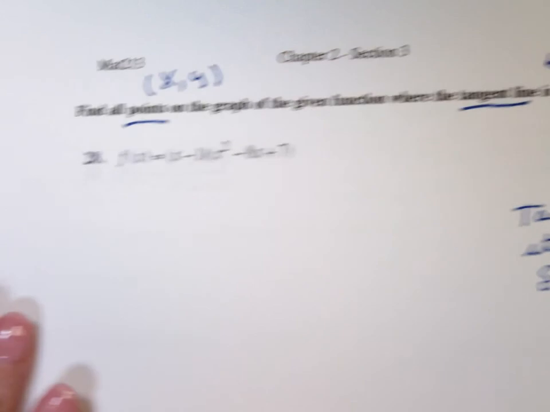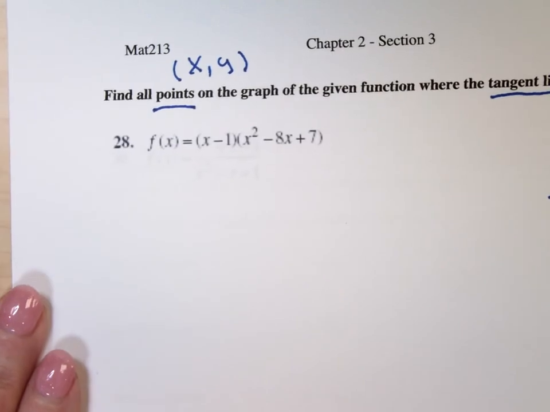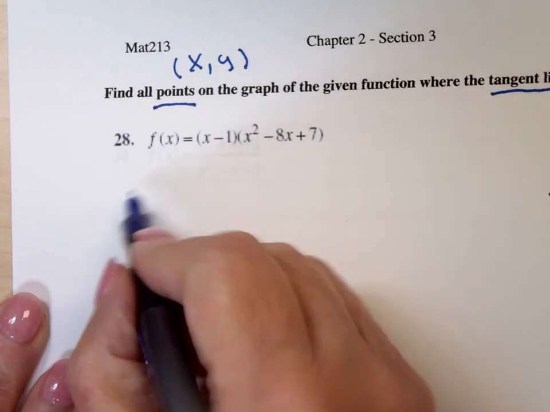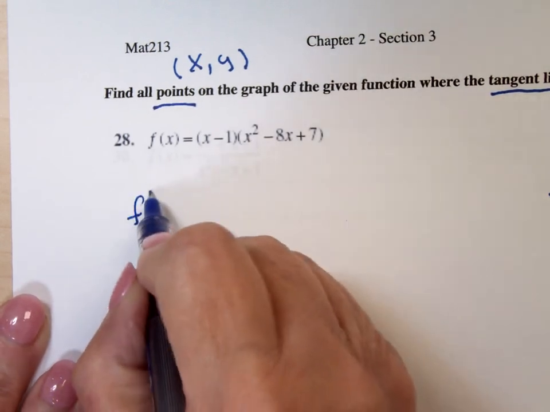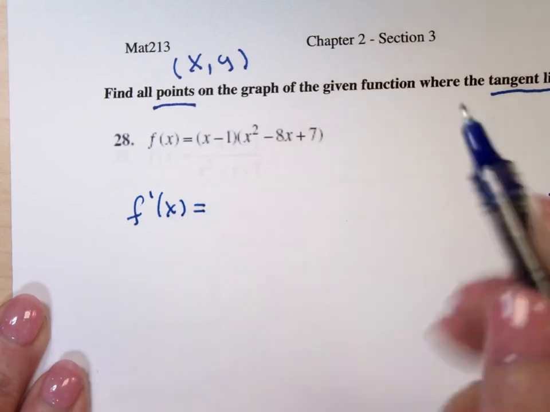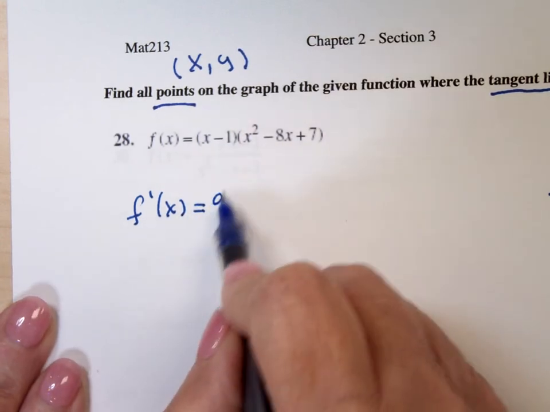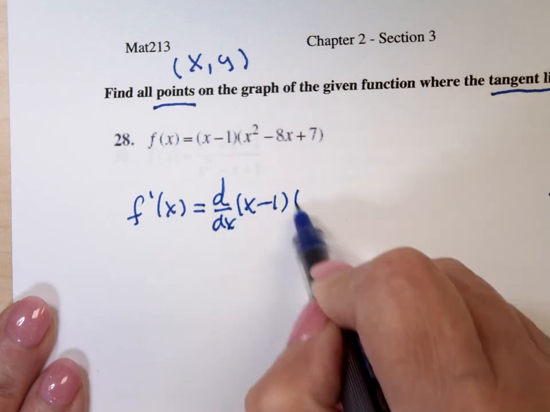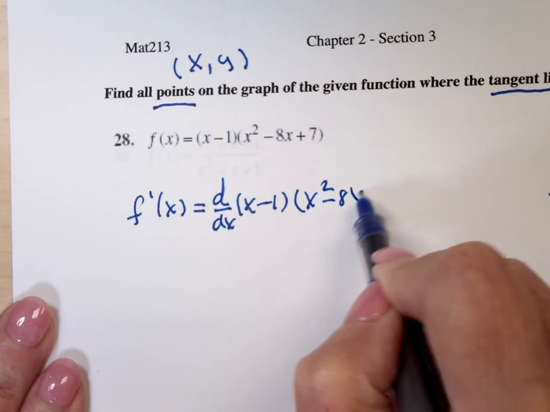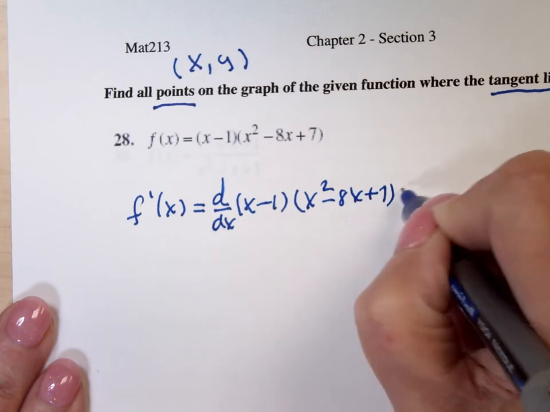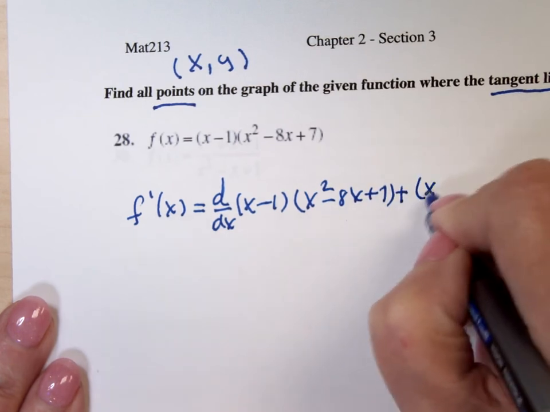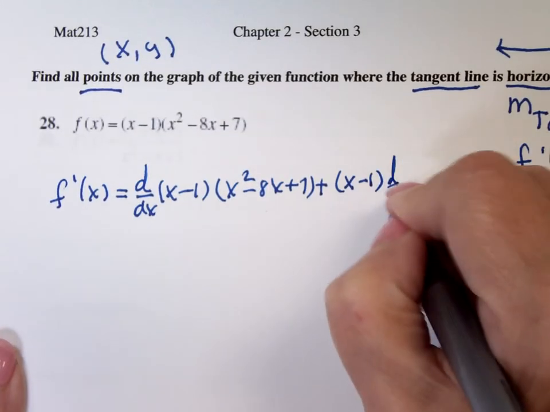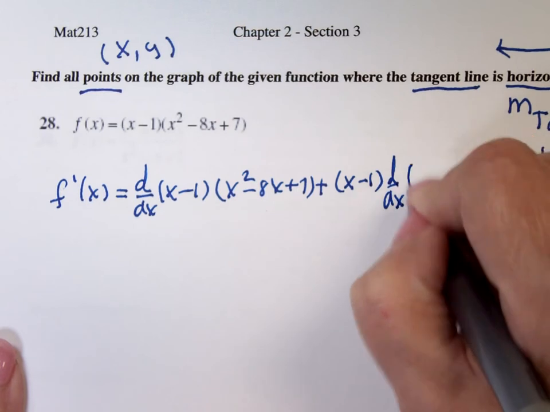So here we go. We have to take the derivative of that sucker and set it equal to 0. That is product rule. So f prime of x equals the derivative of the first times the second plus the first times the derivative of the second.